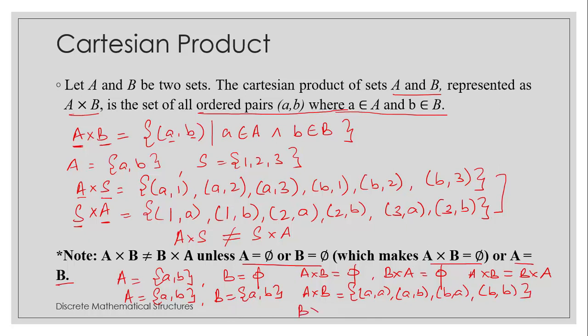Now to find B cross A, this will contain elements aa, ab, ba and bb. So in this case also A cross B is equal to B cross A. In all the other cases, A cross B will not be equal to B cross A.